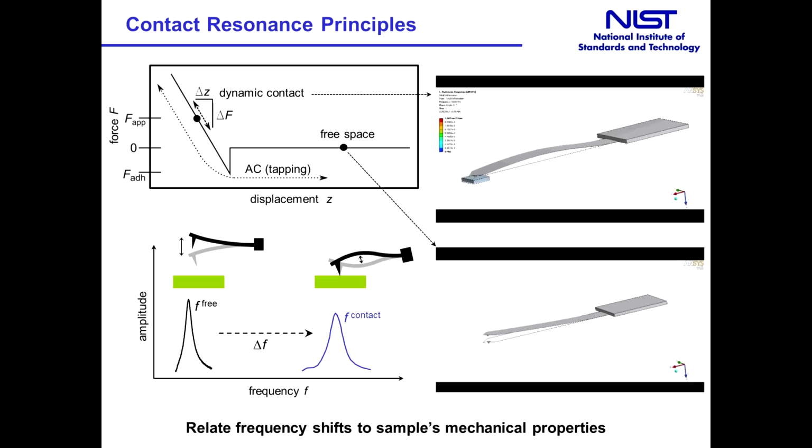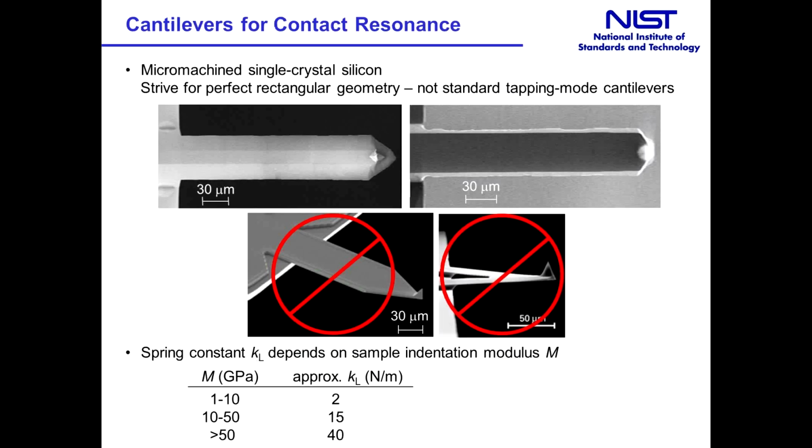Now, contact resonance is all about exploiting these frequency changes to extract information about the sample's mechanical properties. As a final note, I'd like to point out that in contact resonance, the high-frequency excitation amplitude is very low, so that the tip and sample remain in contact at all times, unlike other modes such as AC or tapping mode.